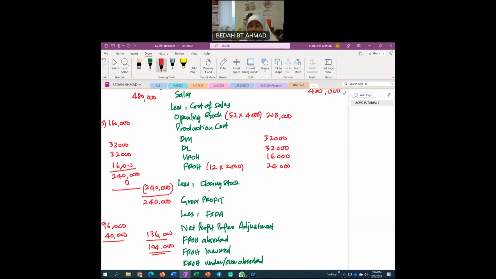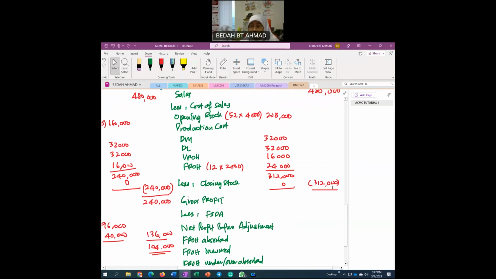So altogether, the production cost plus the opening stock is 312,000. There's no closing stock, so 312,000. We bring it to the sales column. Okay, so let me check. 208 plus 64 plus 16 plus 24, so 312, less the sales 480.